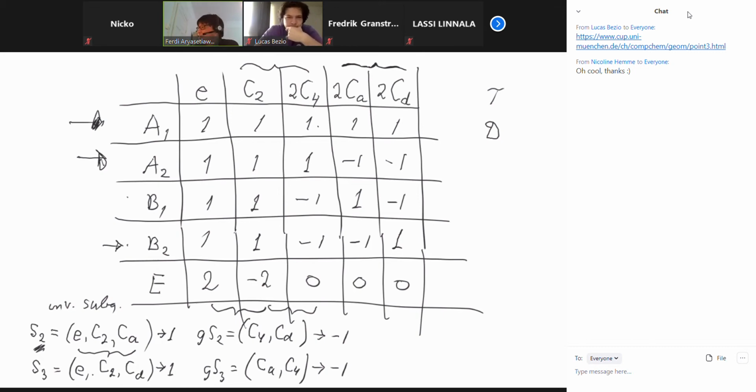If you don't have any more questions, we can maybe continue to the third part of problem 1. What is it about? Determine the coefficients in the class multiplication products. Yes, anybody would like to try?